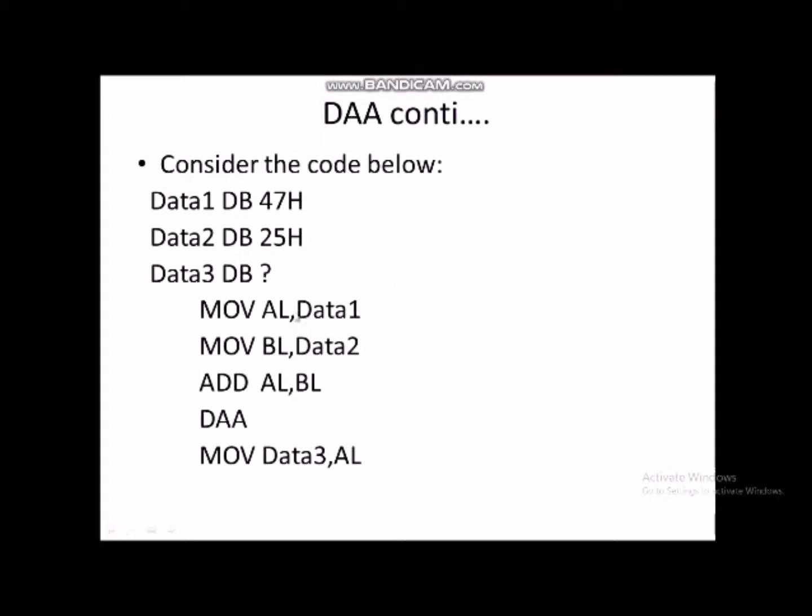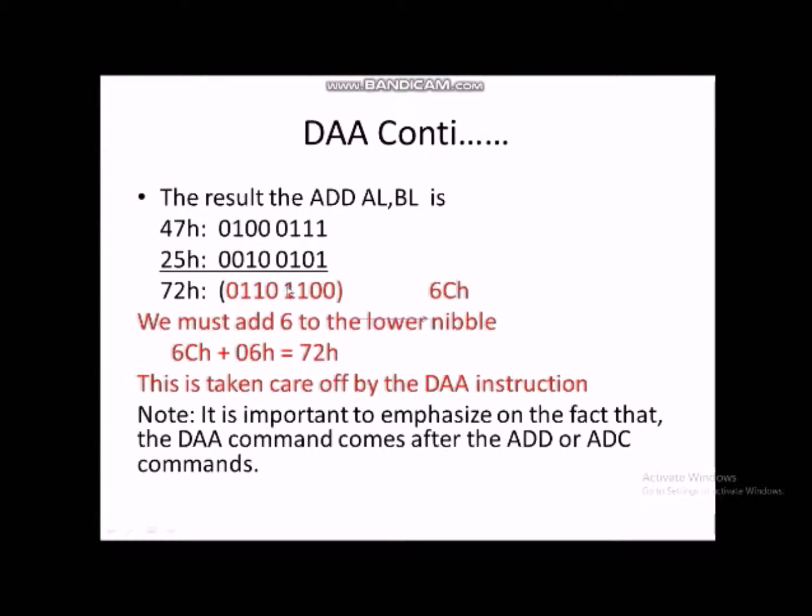So if we move data 1 to AL, data 2 to BL, and then we add both of them, we expect to have an error in the result. Like if we add 47 hex to 25, we are expected to have 72. But doing the addition here, as we can see, it gives us 6C in hexadecimal, which is not true. This is wrong. So the error occurred in the lower nibble here.